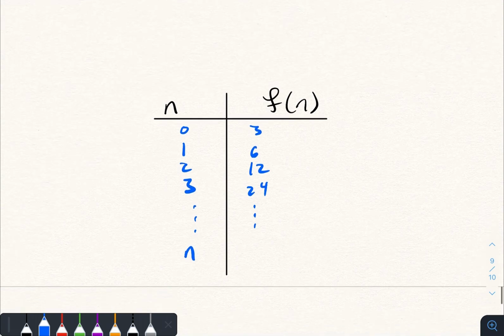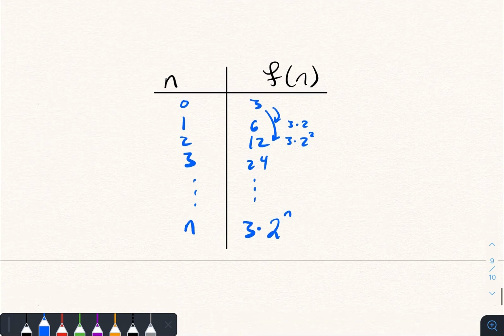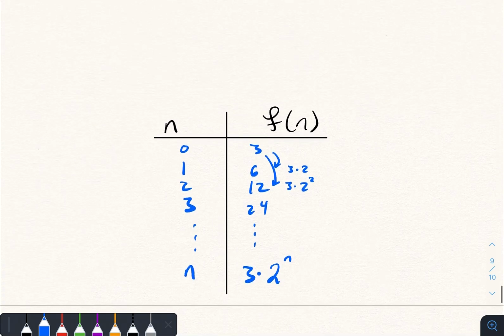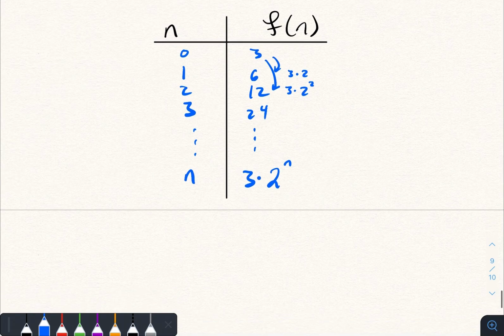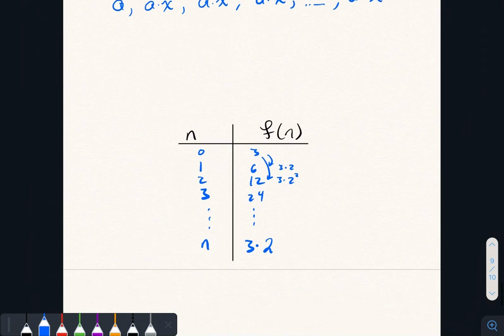So this is basically a formula for the nth term of the series. So this is 3 times 2. This is 3 times 2 times 2, or 3 times 2 squared. That corresponds to this being a 2. So in general, it's going to be 3 times 2 to the n. So that's our formula for the nth term of our geometric series. All right, cool. And yeah, that's it.